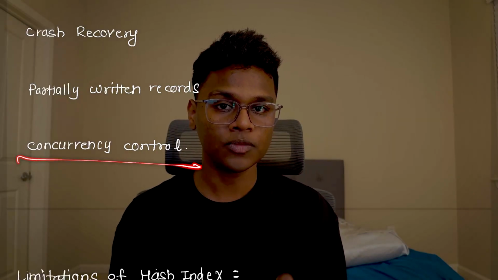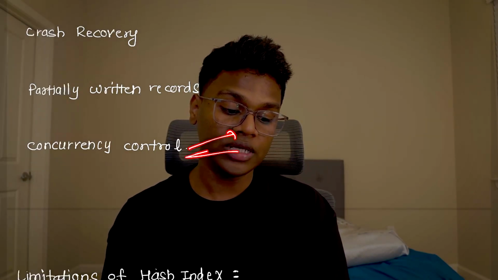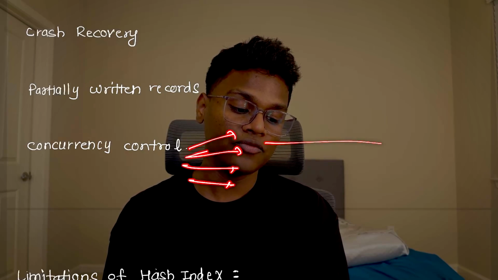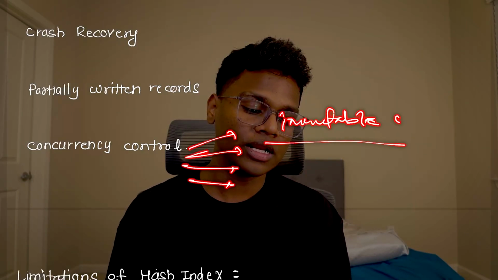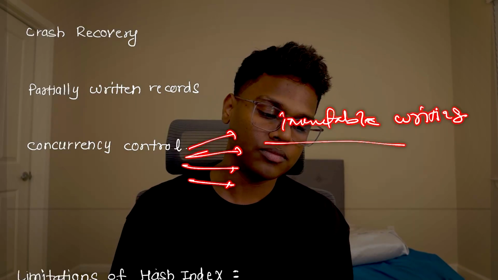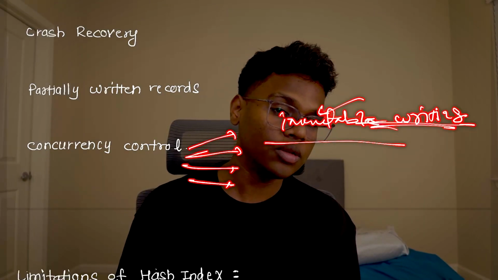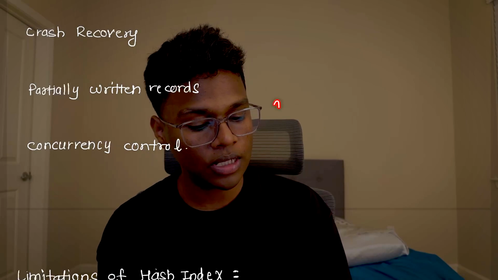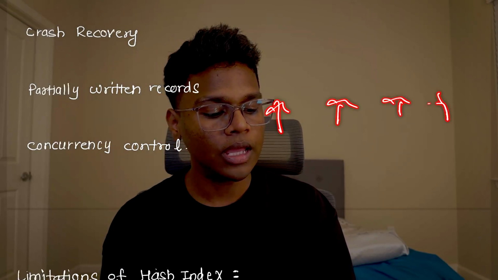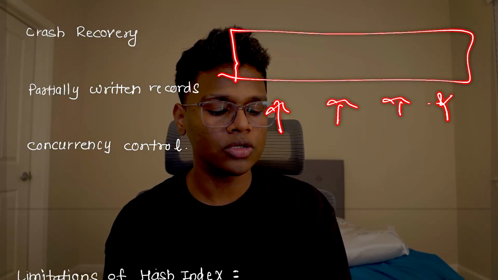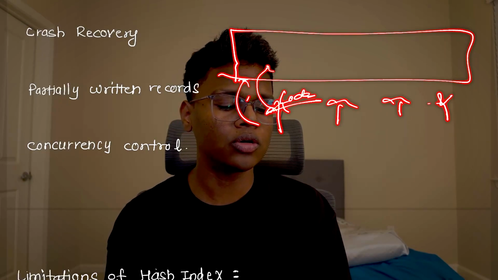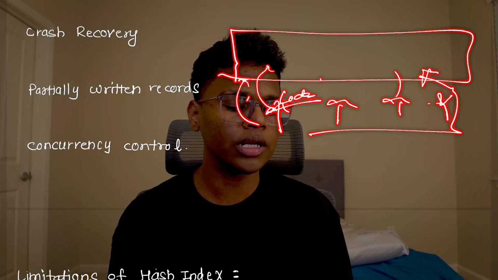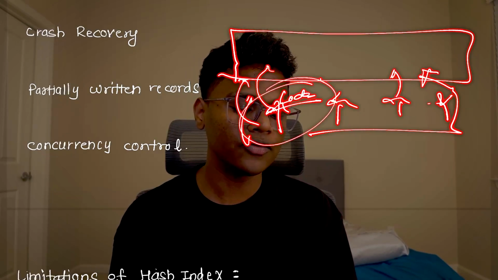But how fast we can read it or write it, that's the concurrency control. With our current mechanism, the files should be immutable, at least while writing. Because if it's mutable, many threads can open up, and one thread writing onto the file can take a lock, so that the other threads cannot write while the first thread is writing.